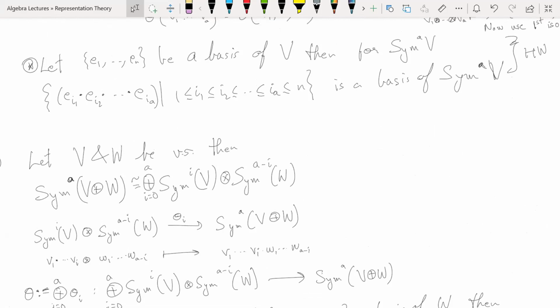Yeah, so this is a basis, and using this you can also calculate the dimension. So what is the dimension of Sym^A V if you are given that this is a basis?